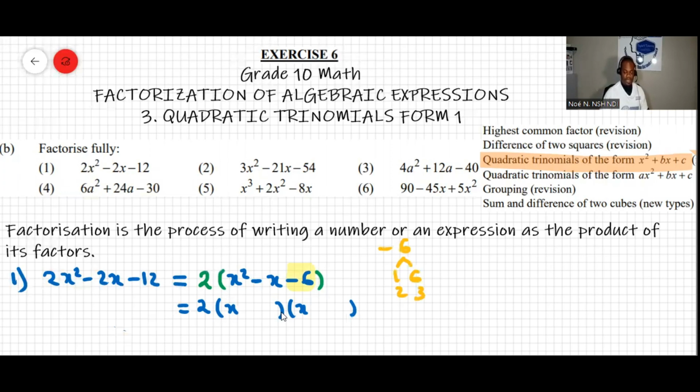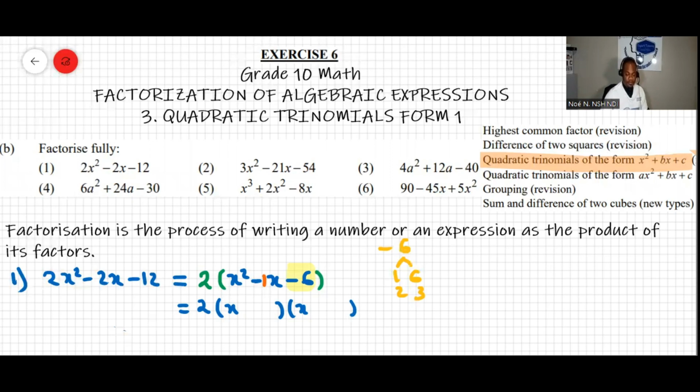Now the question will be, is there any coefficient in front of the x here? No coefficient? Okay, 0 then. No, it's not 0. Guess what? The coefficient is there, but it is -1. When you don't see the coefficient in front of the x, just put 1, and with the sign here, it's -1.